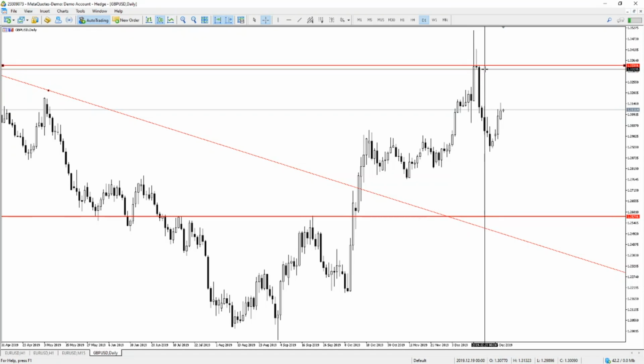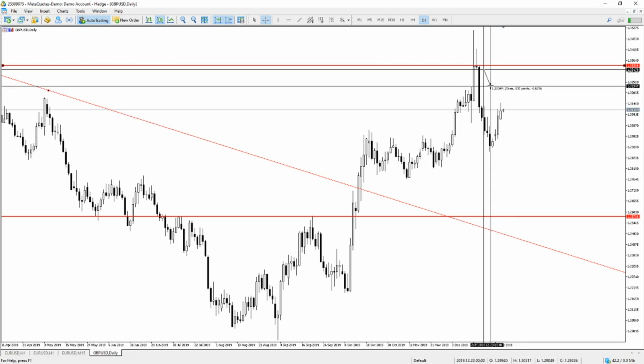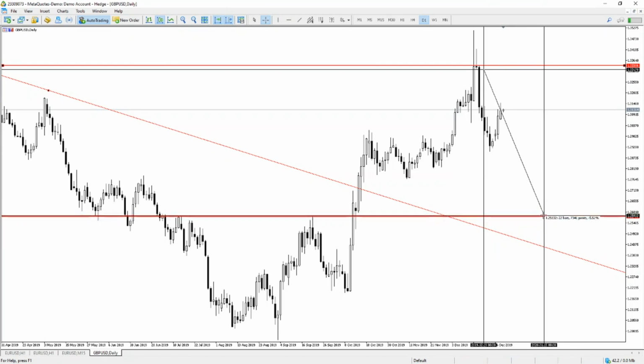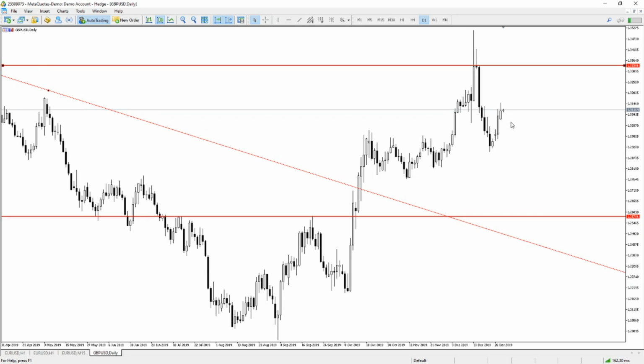So below that level there is a possibility to enter the short, and if I go short here, I would see the market targets are here. As long as the market is below that level, I will look for short setups, and if the market comes back here, I will try to find some short setup, and my stop loss will be above that level.